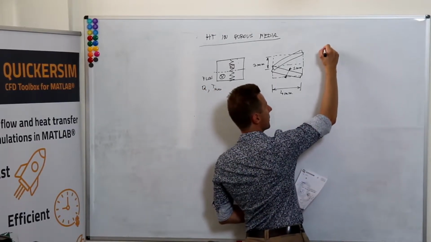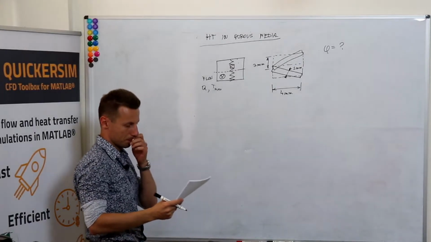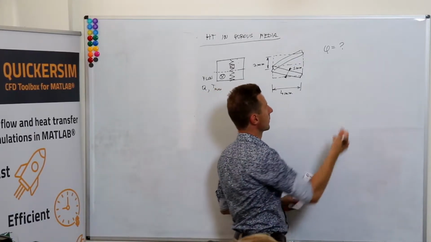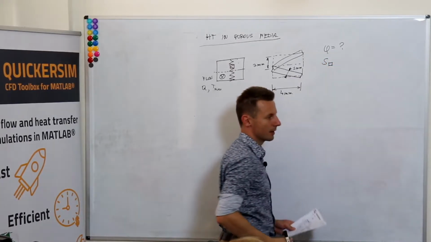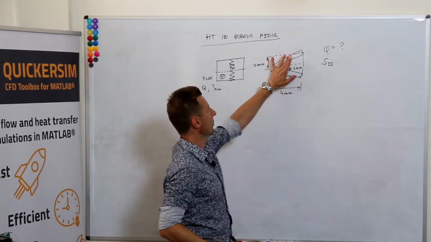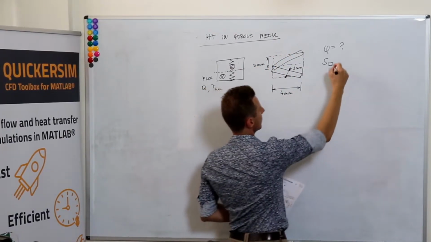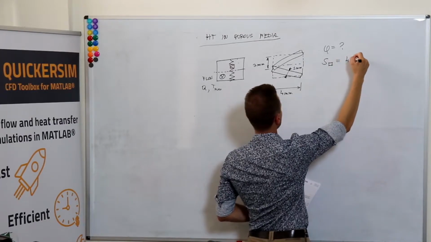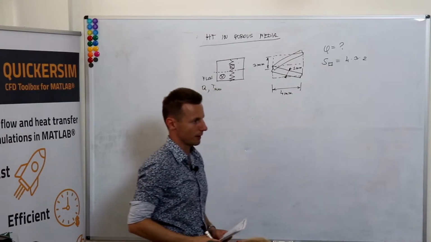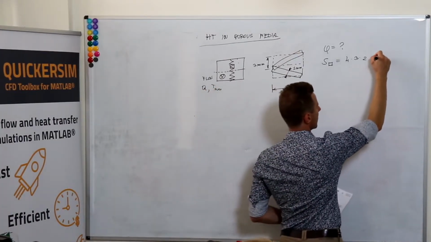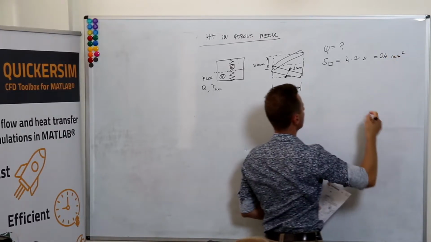And the first question is, what's the porosity? Well, let's calculate the surface area of this square. It's like 4 times 3 times 2, because we've got two rectangles. So it's 24 millimeters squared.